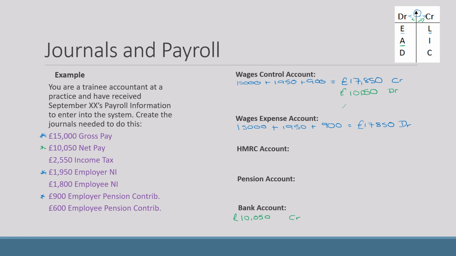So next then, what's going to go into our HMRC control account? So our HMRC account, so this is going to be another liability account because this is what we're going to owe HMRC in our next payment to them.